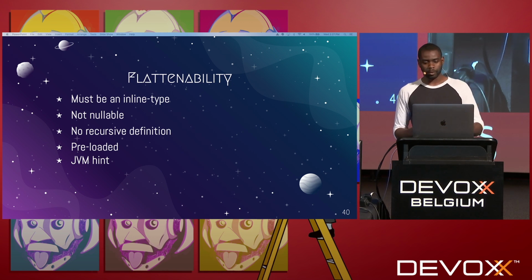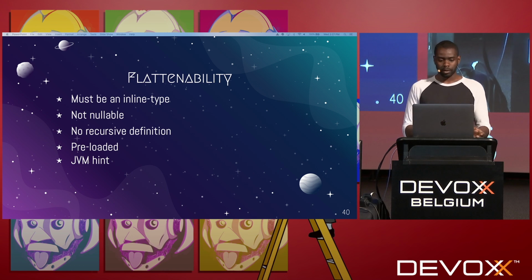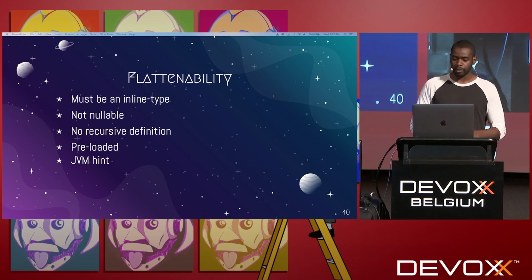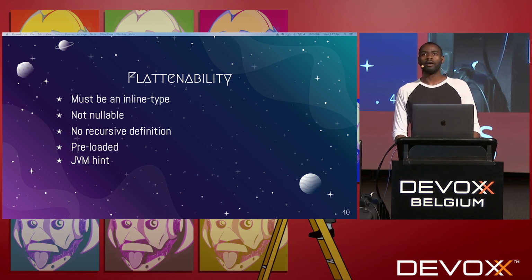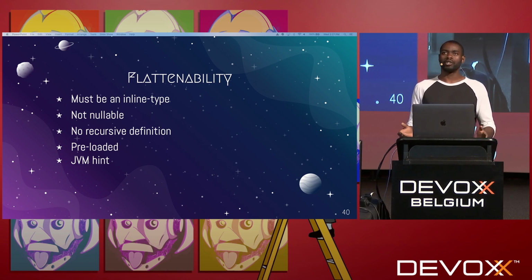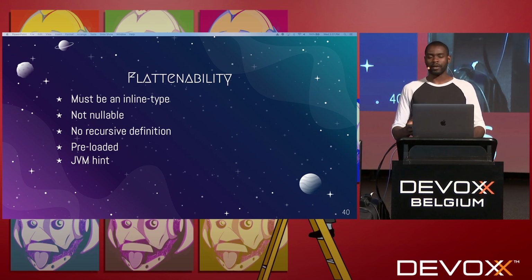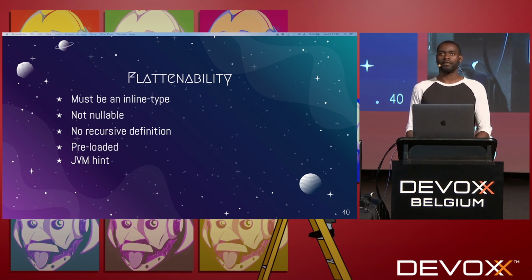So the three previous points list the requirements or restrictions of flattenability, but at the end of the day, it's the JVM that decides whether a field is flattened or not. Generally speaking, it's better to flatten, but if a type gets too large, it might not be beneficial. You might actually get worse performance by flattening. So for this reason, the JVM makes the final decision on whether a field is flattened or not.